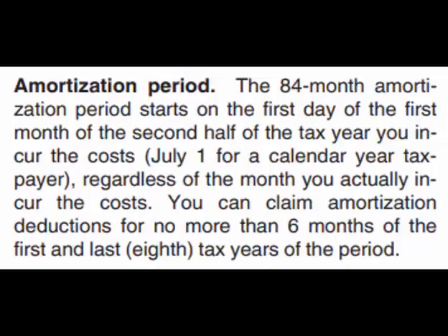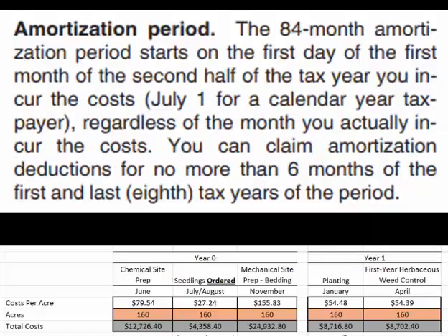In relation to this statement is one reason why I selected for this example to do the chemical site preparation in June, because that is before July 1st. So are the costs associated with the chemical site preparation conducted in June started to be deducted and amortized in the same tax year as July 1st?